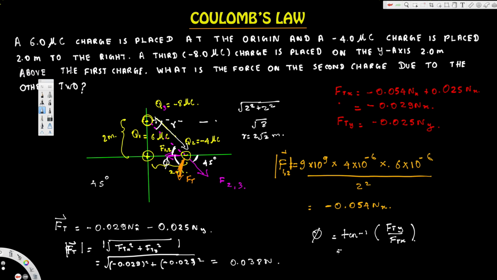So we are going to have tan inverse, this is our x component, and this is our y component. Since the two are negative, they are going to cancel each other, so we can just put the positive value. This is going to be 0.025 Newton divided by 0.029, and if you calculate this angle, you are going to get 41 degree.